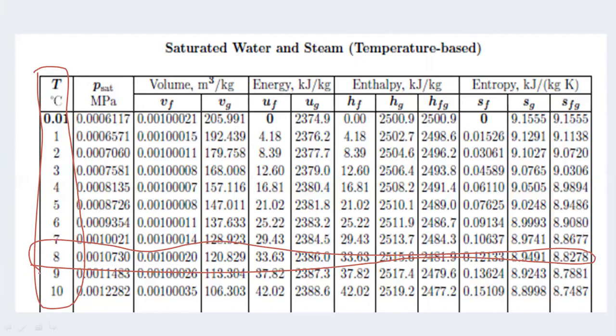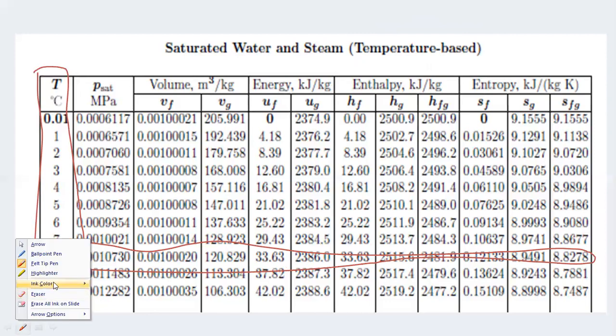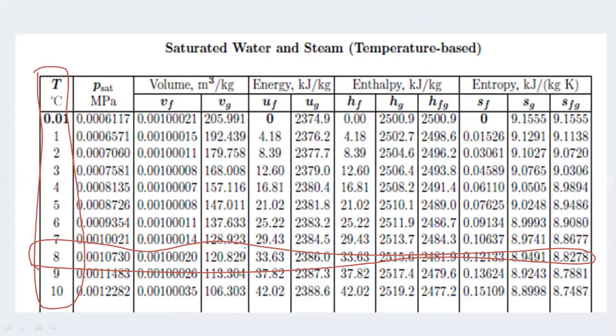Previously I was telling you that for all the properties we have the conversion from the fluid phase to the vapor phase, but for specific volume he has not mentioned the conversion from the fluid to the vapor phase. Why has he not mentioned it? If you observe carefully in the steam tables, especially the columns of specific volume, if you observe the value of Vg, how much is it?